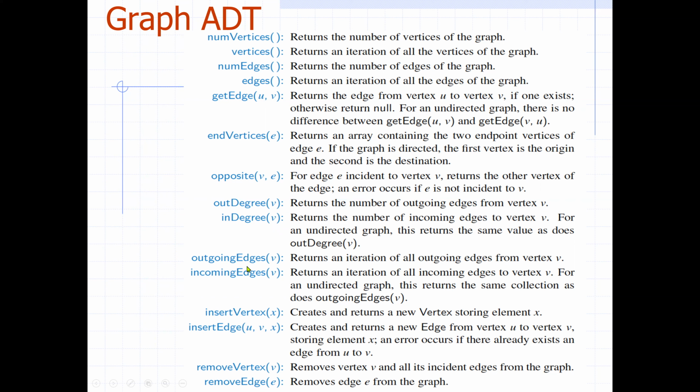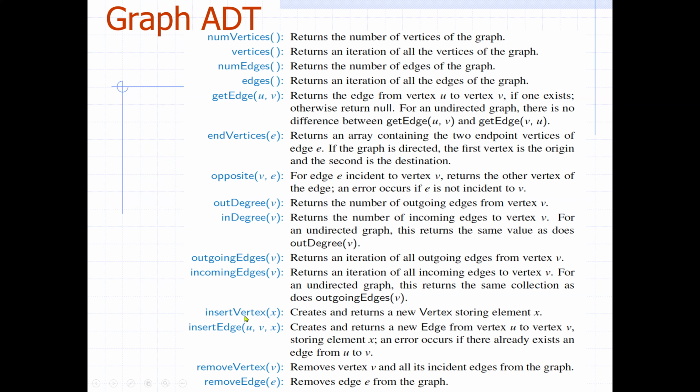Now outgoing edges V, same thing, will return an iteration of all outgoing edges from vertex V, because our argument is the vertex V. Same thing, incoming edges for V will return an iteration of all incoming edges to V. But for an undirected graph, this returns the same collection, since again, in an undirected graph we can go either direction.